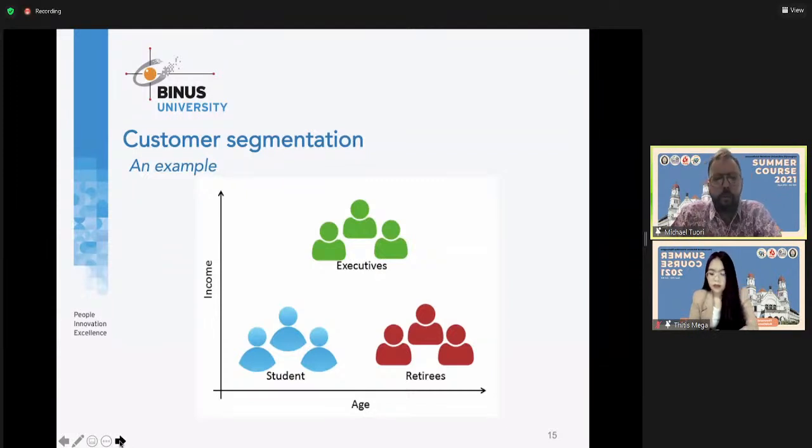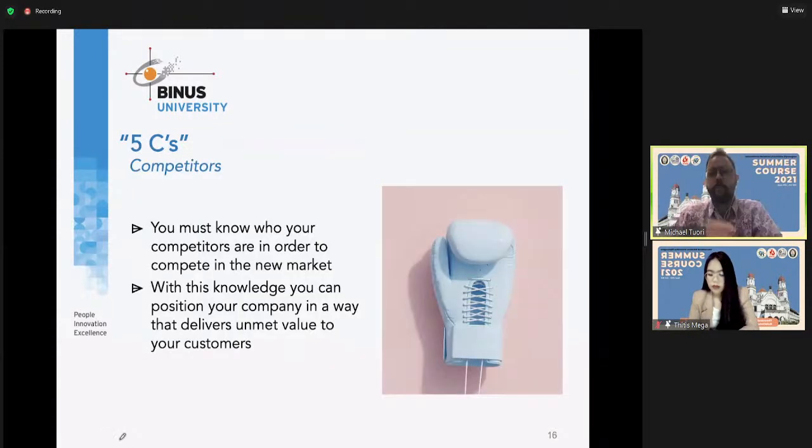So you're not competing with everybody in the industry, you're competing within your segment. So it's really important that we choose our segment, because we get to choose who our segment is. It can be different than the segment that we target in Indonesia. We can target a different segment overseas, and that's going to affect who our competitors are.